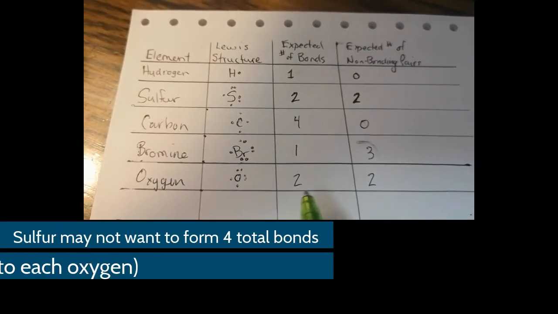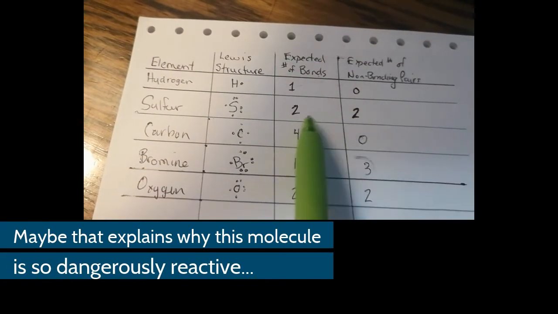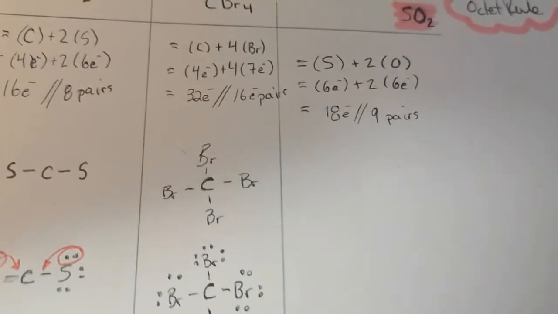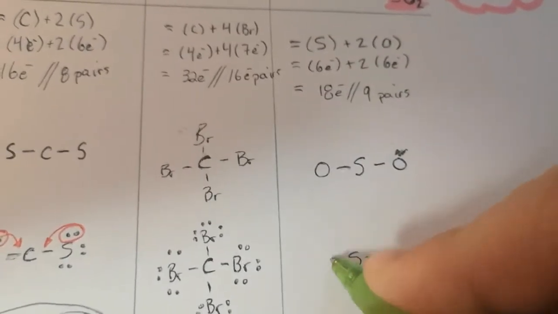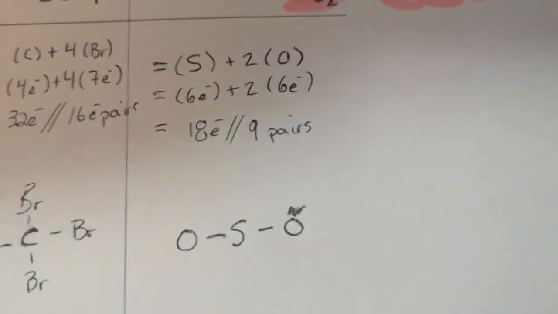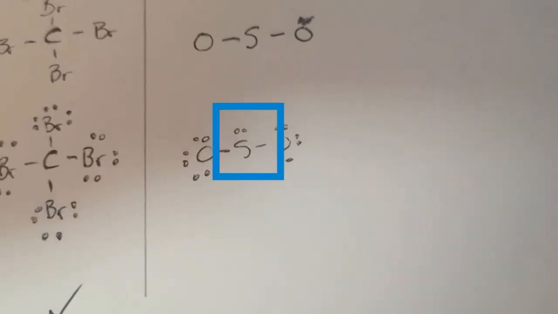So oxygen is going to take its preferred state, leaving sulfur to figure something out on its own. So let's draw our base diagram here. And 9, we're out of electrons, and sulfur does not have a satisfied octet.